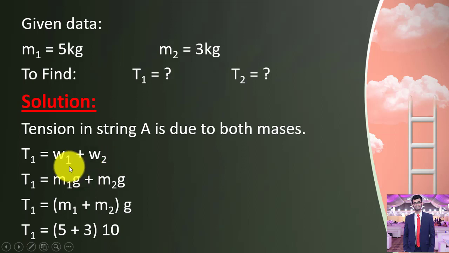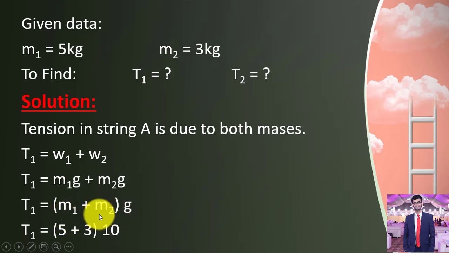We know that the expression for weight is W is equal to mg, so the weight of the first object is m1g and the weight of the second object is m2g. We can take g common from this equation and we are left with T1 is equal to m1 plus m2 into g.